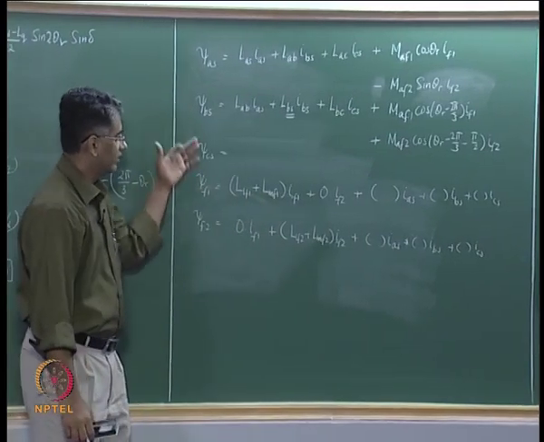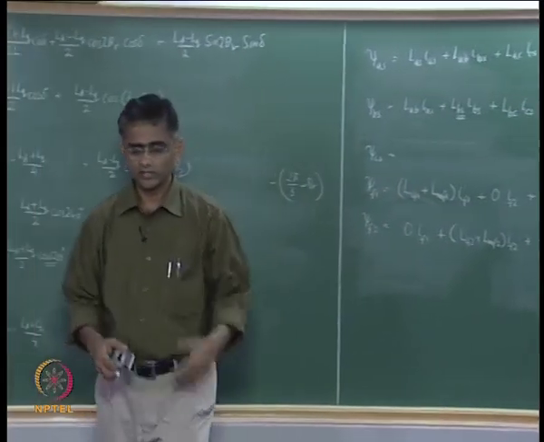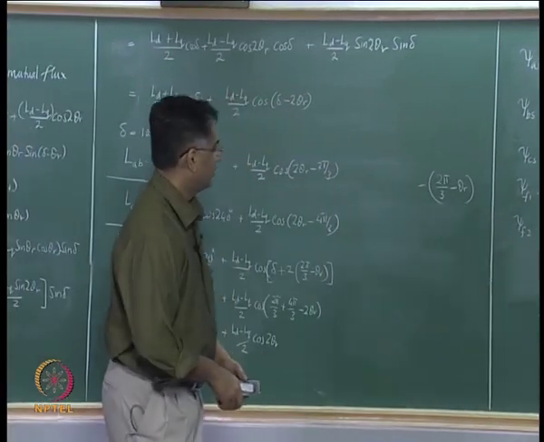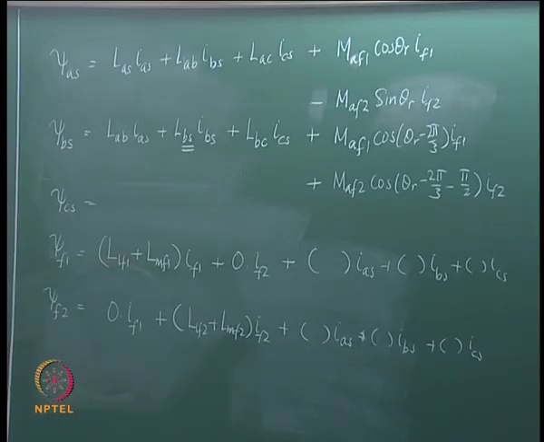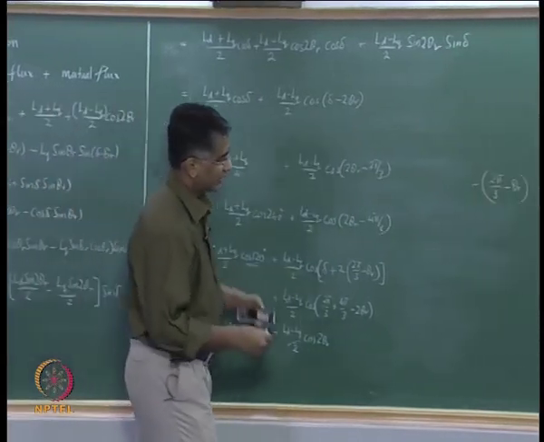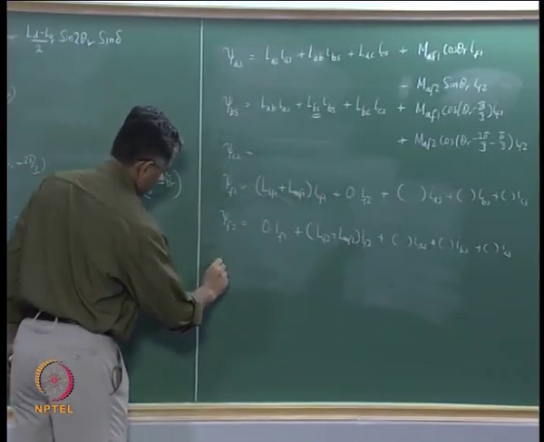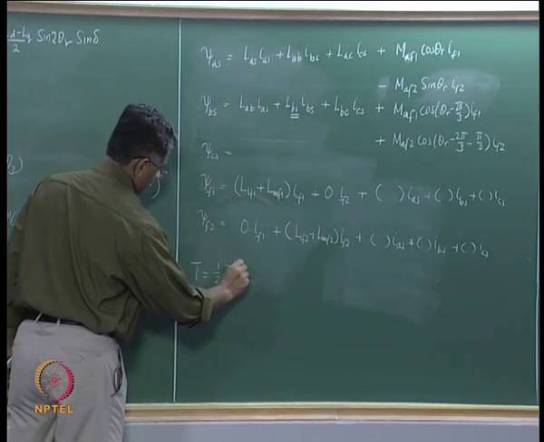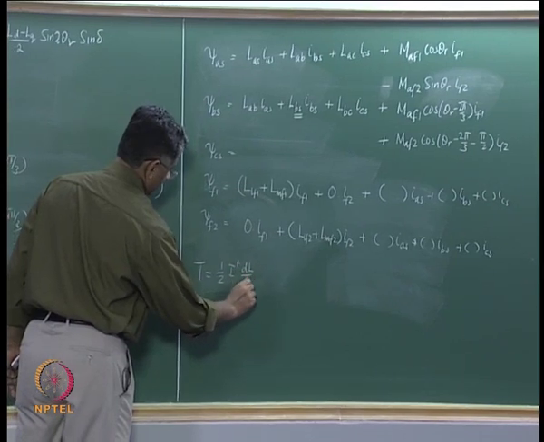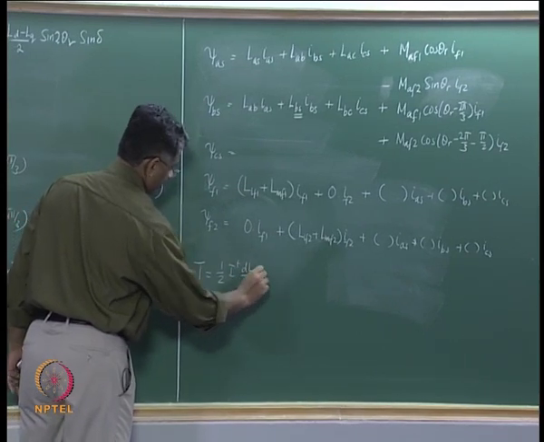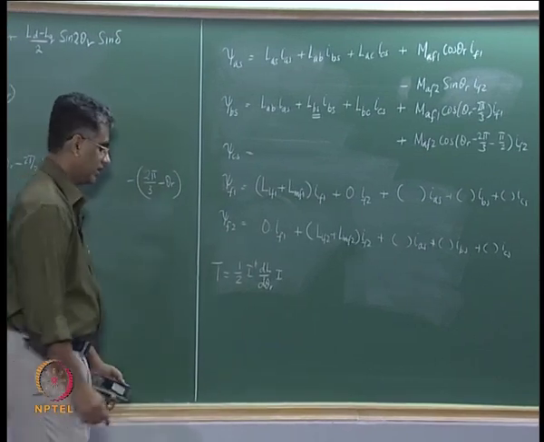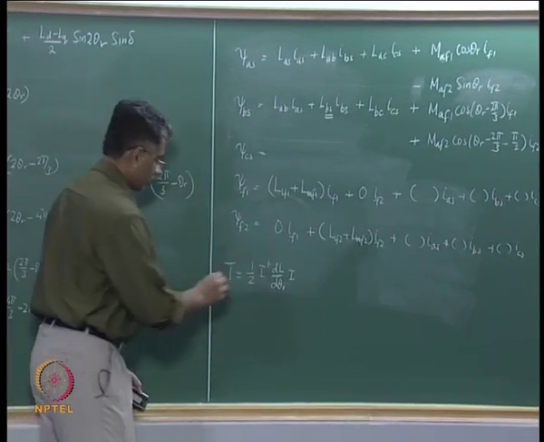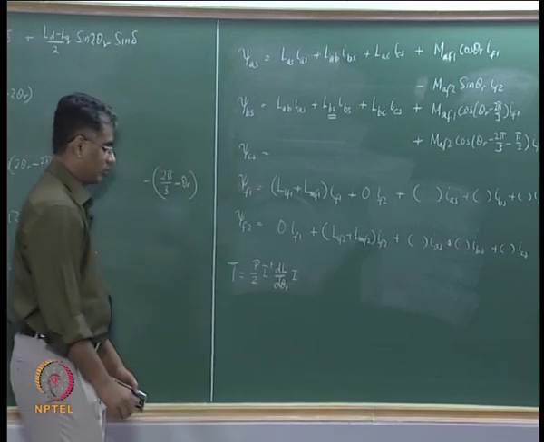So having written all this, one can now complete the expression for the electrical subsystem description of the synchronous motor. Once we write this, then the expression for the generated electromagnetic torque again can be written as half of I transpose dL by d theta r multiplied by I for a 2-pole machine, and if you are going to have more number of poles, that can be multiplied by the number of poles there.